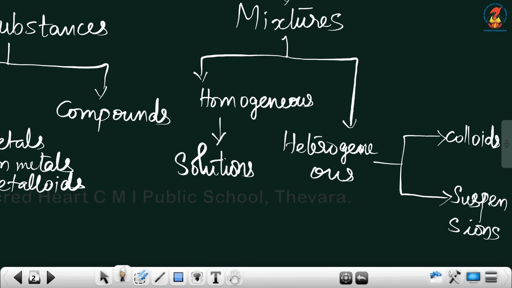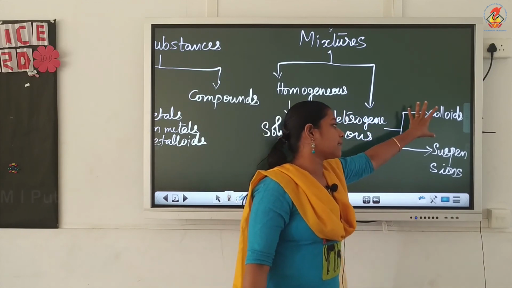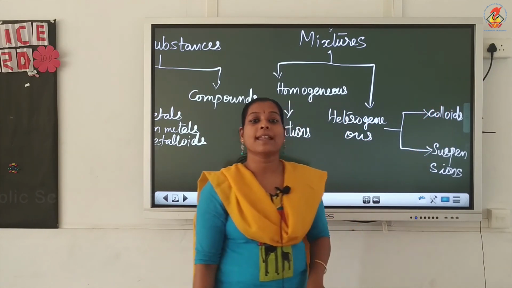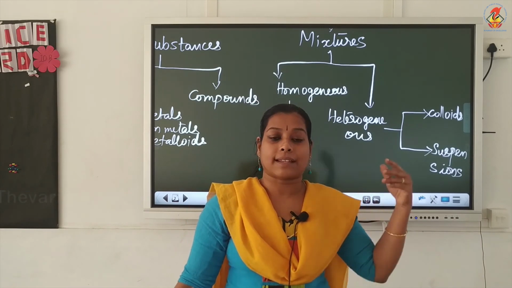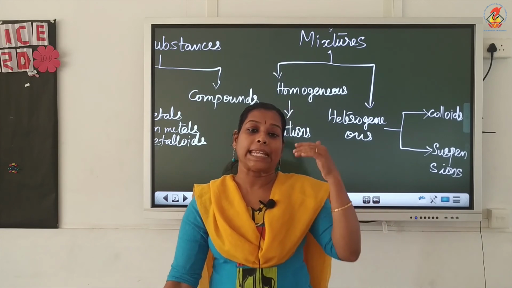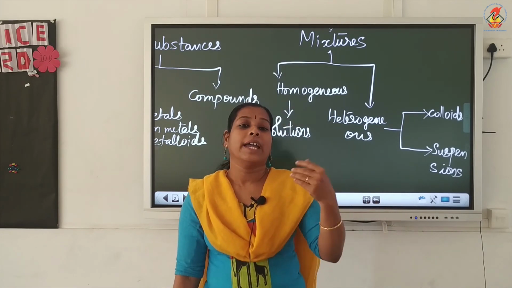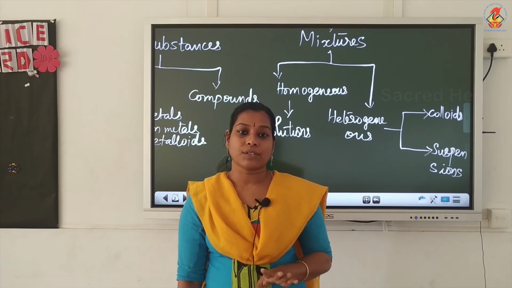Homogeneous is also known as solution, only one category is present. The heterogeneous is divided into two, colloids and suspensions. All these three different types of mixtures, that is solutions, colloids and suspensions, we will study in detail in this chapter in further classes. Hope this much is clear to you. Thank you.